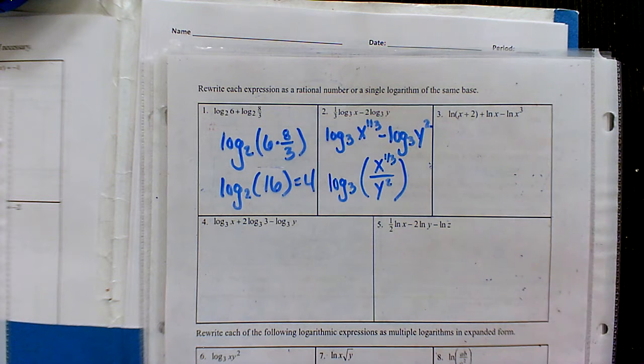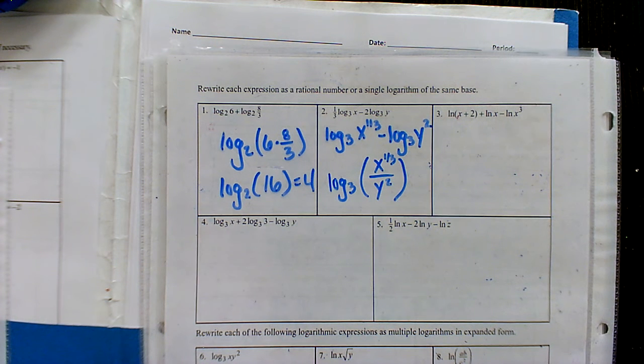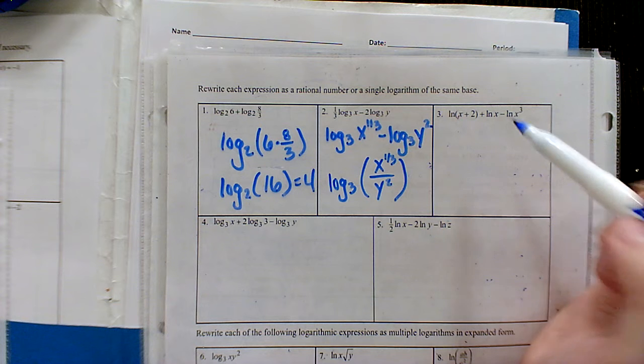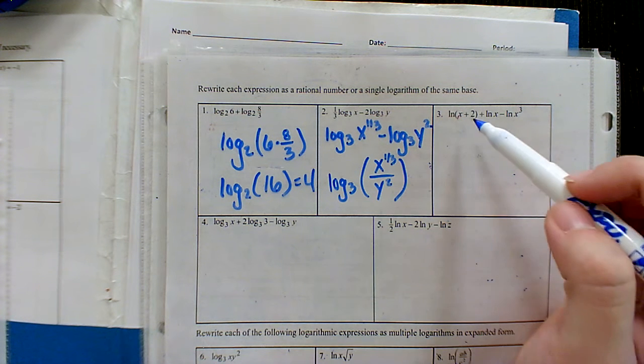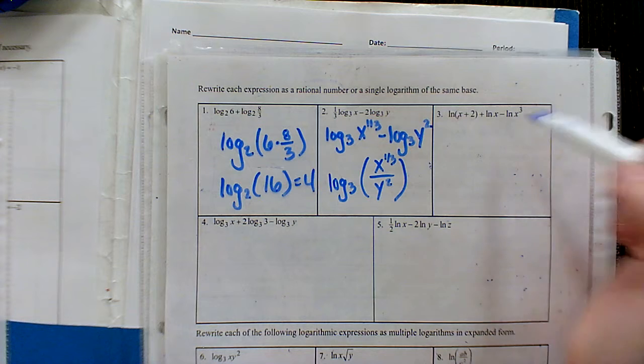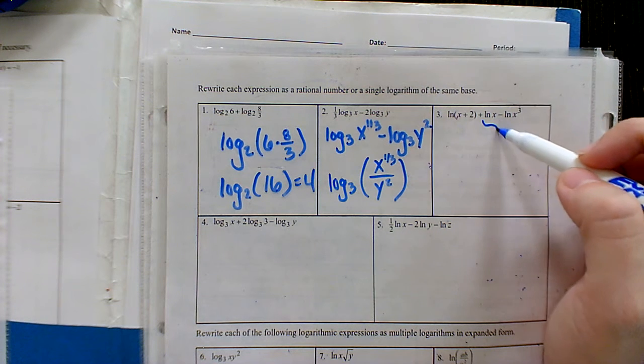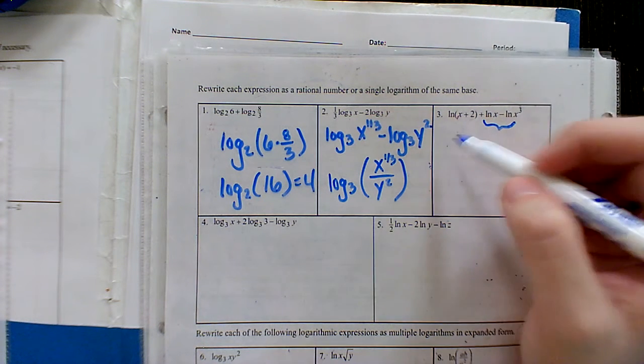What about number 3? Do you see any properties we might be able to use? They're all the natural log, which means they all have that same base of e. You want to try, Hannah? You could take the natural log of x and subtract the natural log of x to the 3rd, so that it would be natural log x to the 1/3, because you have to divide. Okay.